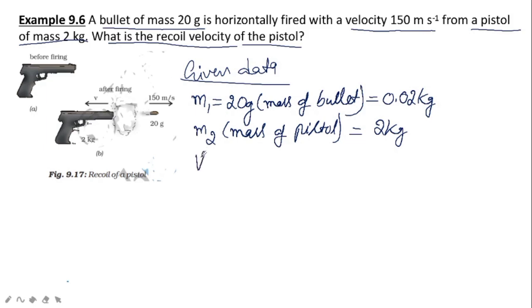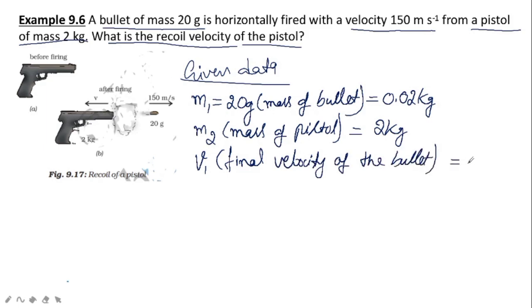That is v1. It represents the final velocity of the bullet, which is equal to 150 meter per second, right?